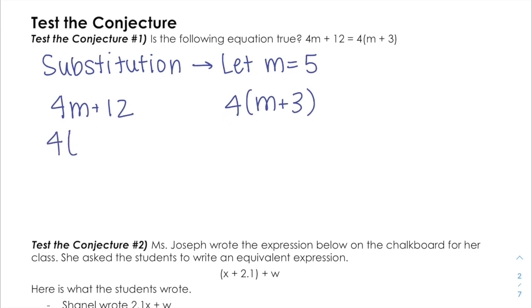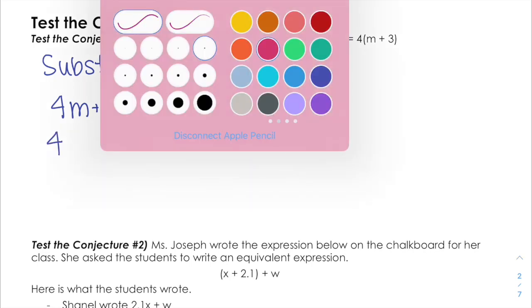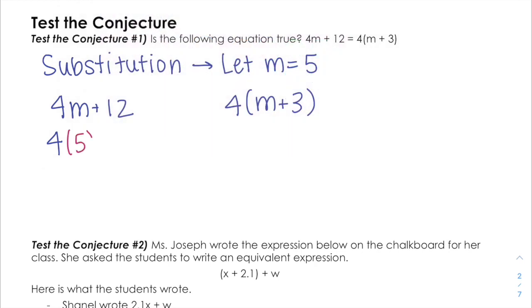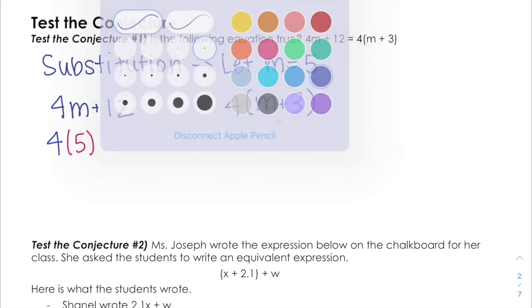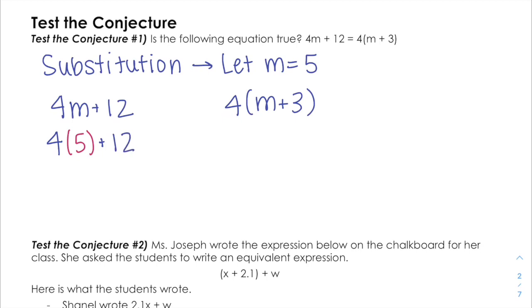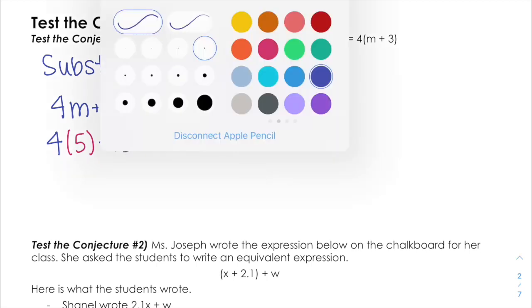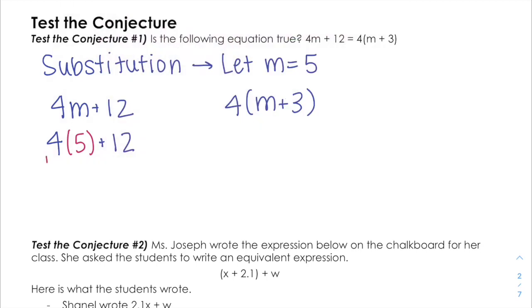So let's plug in 5 for m. Again, I always want to put it inside parentheses, plus 12. We have to do 4 times 5 first, because multiplication is higher on the order of operations than addition. 4 times 5 is 20. Bring down that 12. And then we just add 20 plus 12. 20 plus 12 gives us 32.